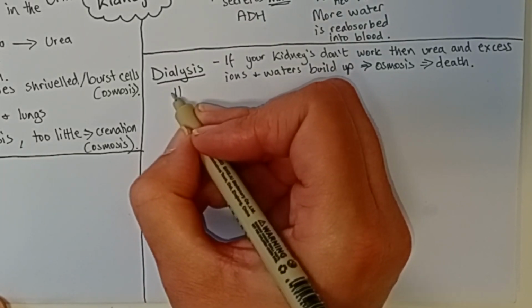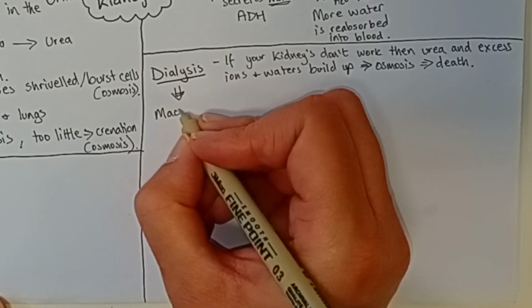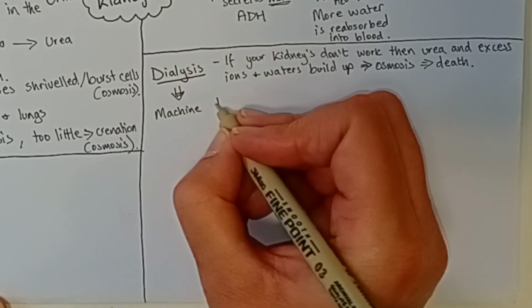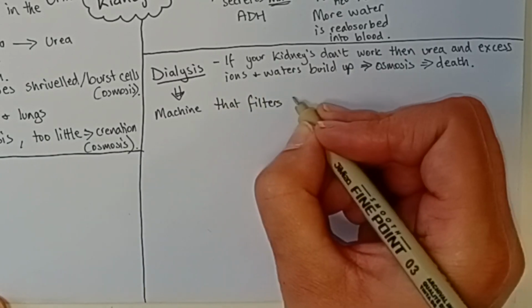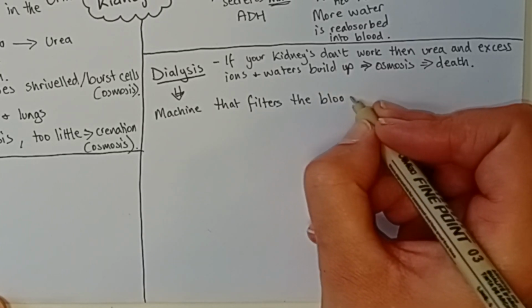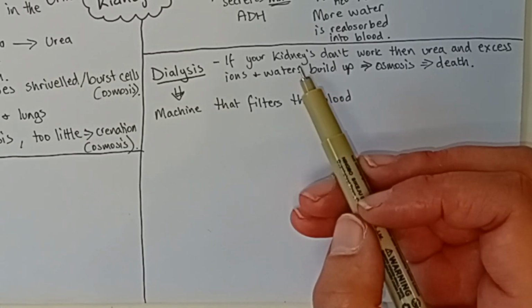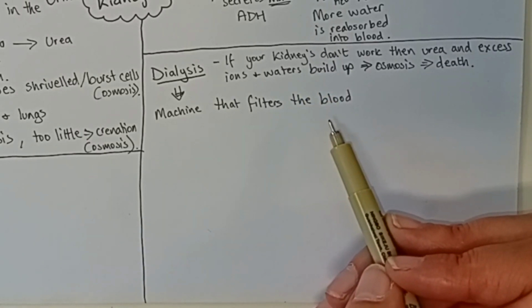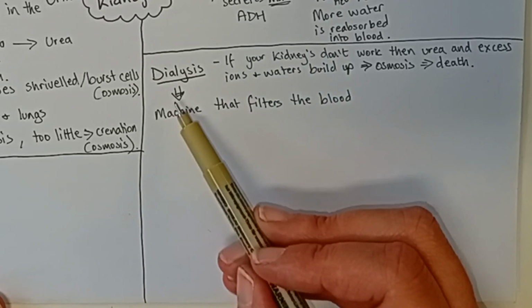Dialysis then is a machine that filters the blood for you. But because your liver will keep on making urea and you're probably going to keep on drinking and eating, you need to keep going on dialysis.